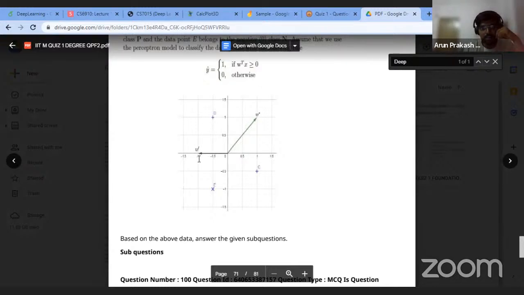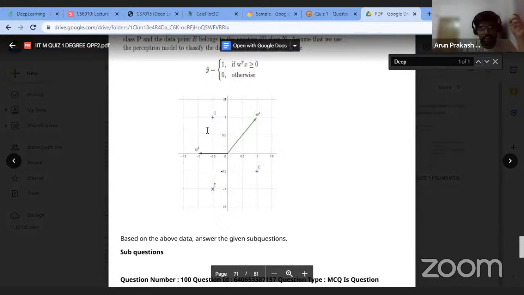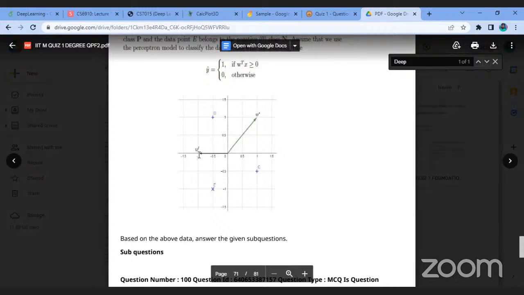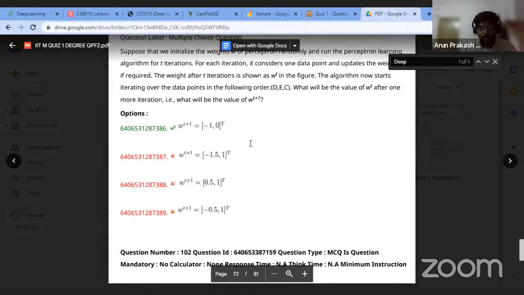If you multiply, minus 1 into minus 0.5 is plus 0.5, and 0 into 1 is 0. Adding this together gives 0.5, so it classified correctly, which means at the next iteration there are no weight updates. WT plus 1, the weight remains the same.